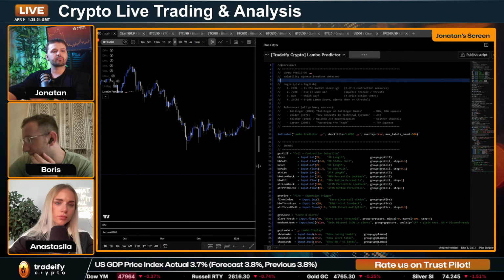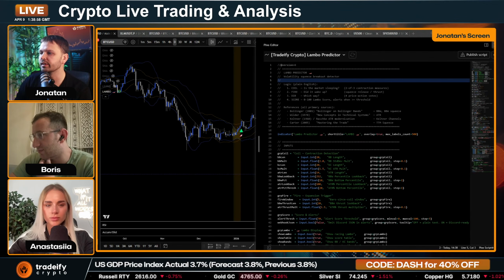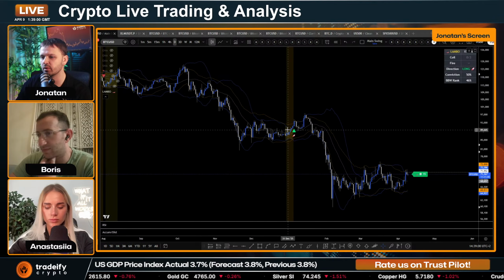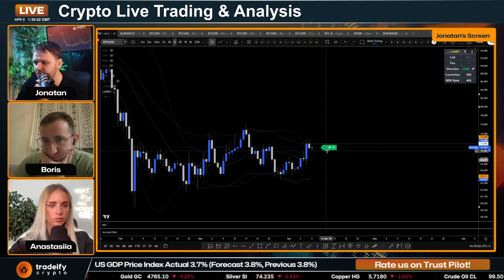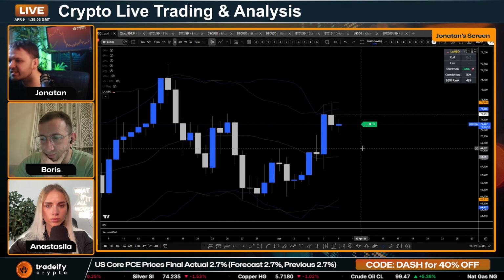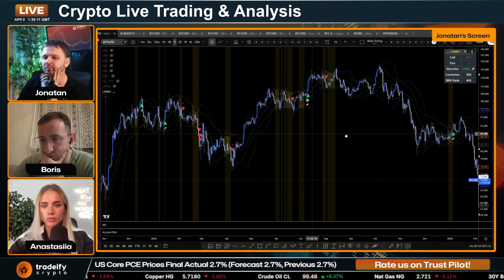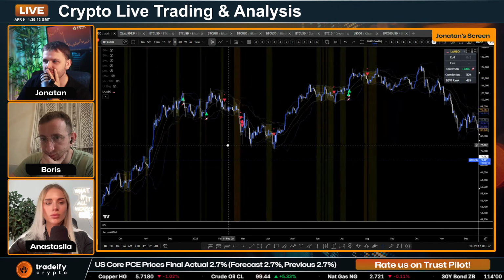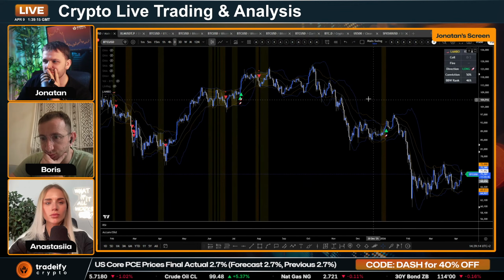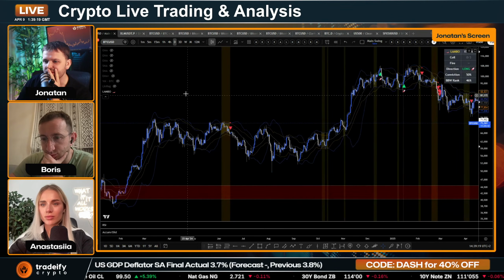All right. Oh, look at that. It's a rocket emoji. Here we have a Lambo. Is that a fish as well? No, it's just a Lambo. Okay, so what do we have here? Oh, this doesn't look very good, does it?